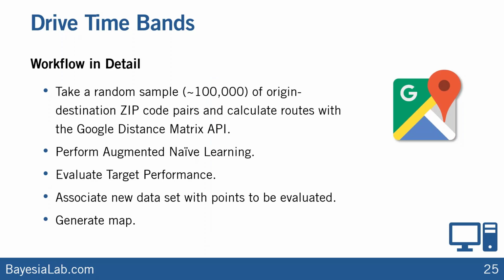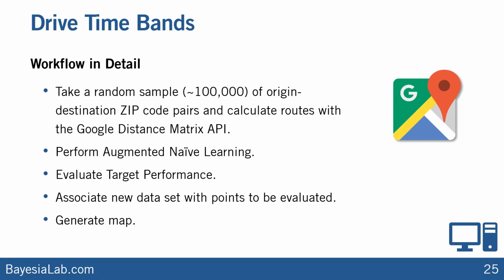So what we're going to do is simulate such a data set. And the Google Distance Matrix API that I just mentioned, that's what I have used to generate a synthetic origin destination data set. Basically taking 100,000 random zip code pairs and computing these distances, pretending, well, perhaps those are all the routes of a transportation company.